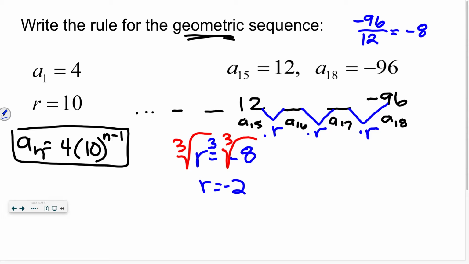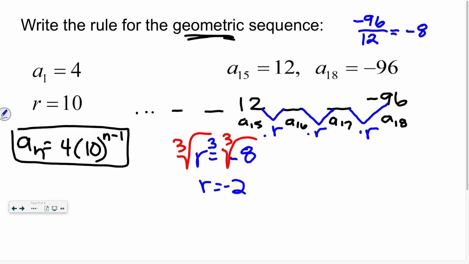It's similar to what you did previously with arithmetic, but instead of dividing the two numbers like a ratio, we just found the difference between the two terms, and then we divided by how many terms we jumped. Now we're going to find the ratio of the two terms. We're not going to divide it by 3 because that would be like adding it that many times. We're going to take that root.